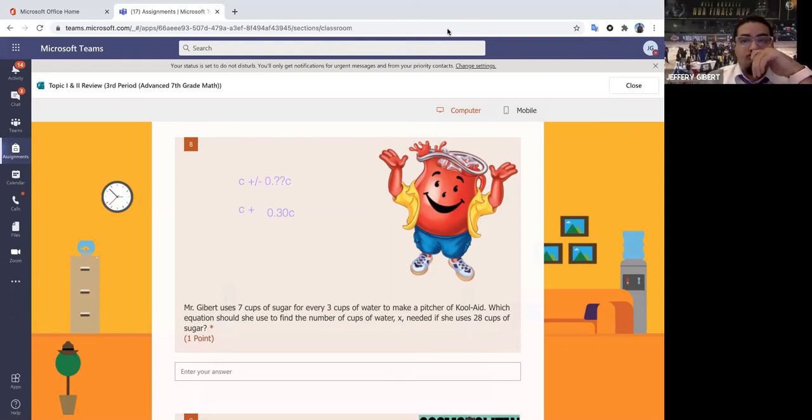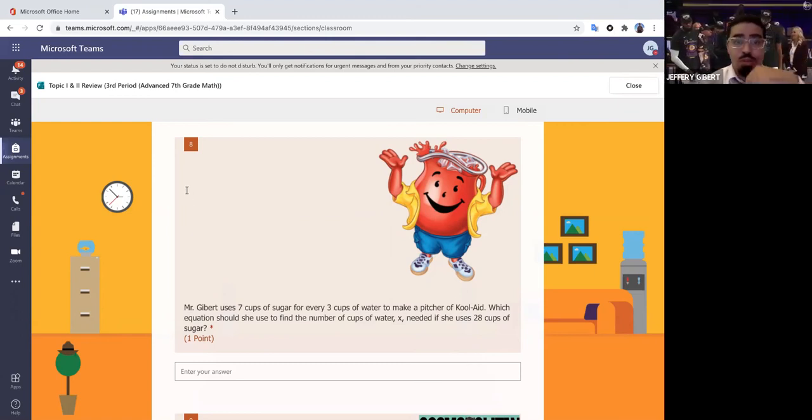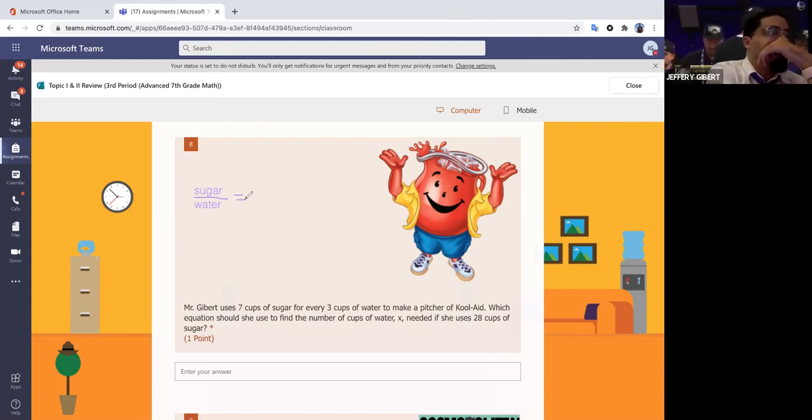All right. On this one, we'll have a minute and a half to solve. So a hint for this is sugar over water. Which equation?